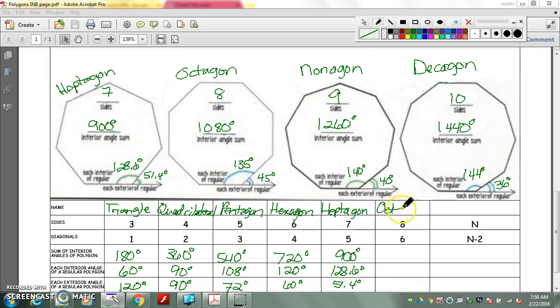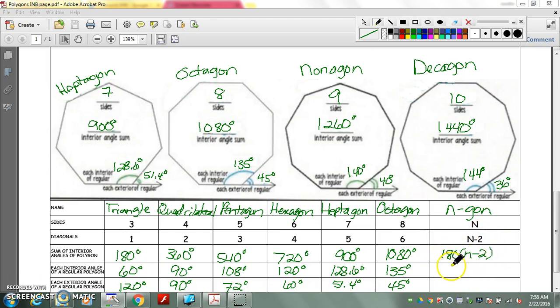And we have our octagon, and it was 1,080 degrees, 135 for the interior and 45 for the exterior. Okay, now when we have our variable here, we just call it an n-gon, so the number of sides, n, gon. Our sides were n, and we've noticed that we have n minus 2. That's the number of triangles that's created. So to get our formula, because that represents the number of triangles, we have n minus 2 times 180.